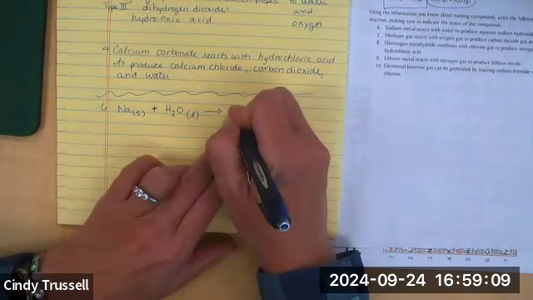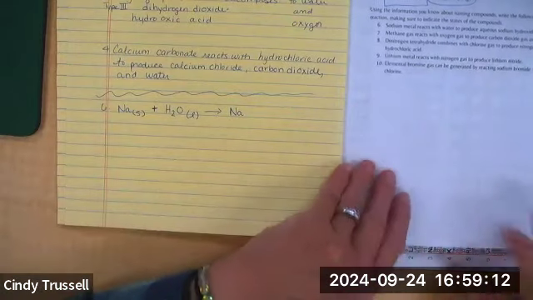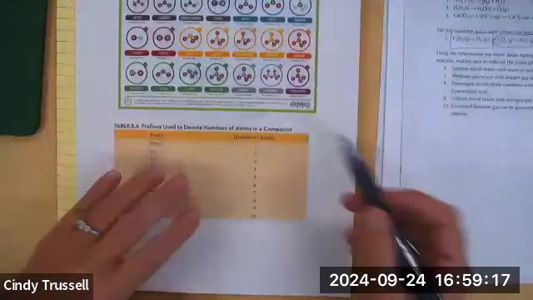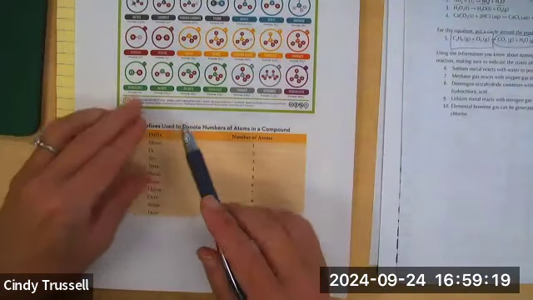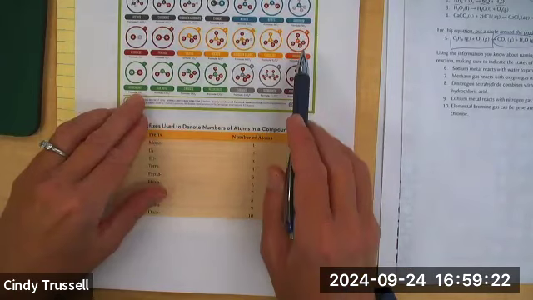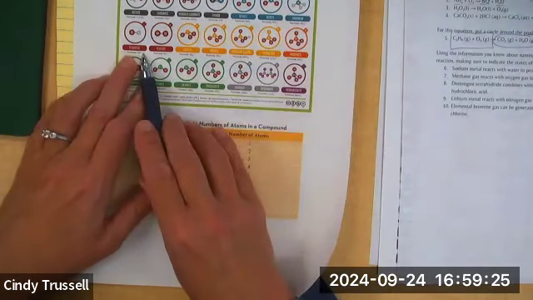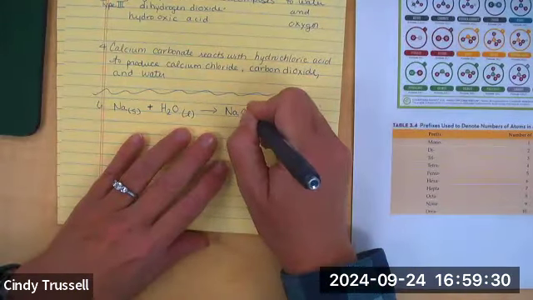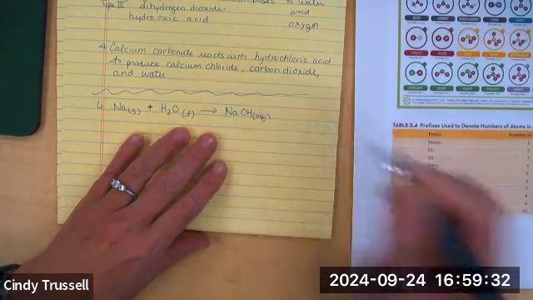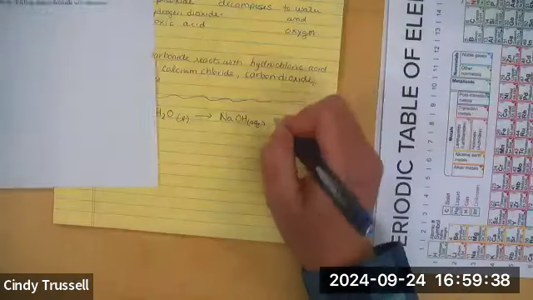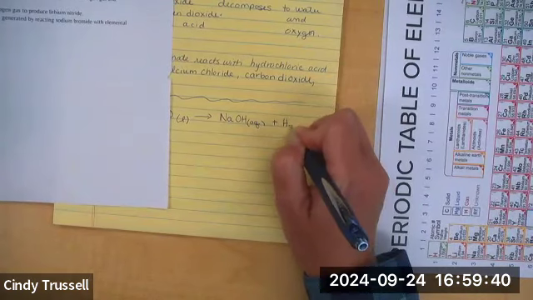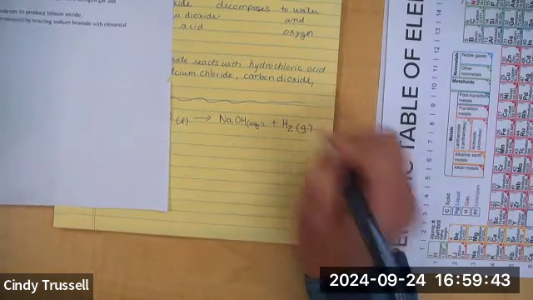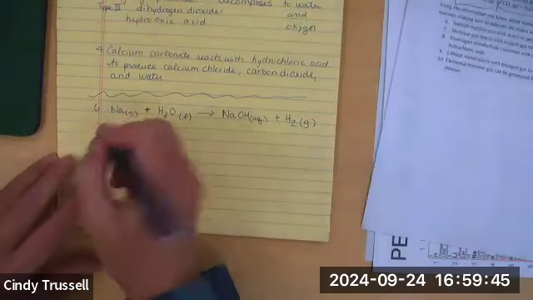So we know we have sodium, and then hydroxide is one of our polyatomic ions. So I come to this chart and we look for hydroxide. Here it is, and it's an OH. So it's sodium hydroxide, so NaOH, and it told us this was aqueous, so we're going to do an AQ for that. And then aqueous sodium hydroxide and hydrogen gas. Hydrogen, remember, is always diatomic, so it's H2 and it's gas. All right, so that's number 6.